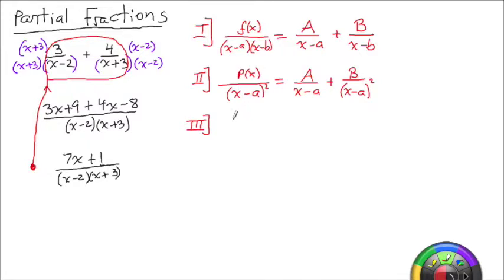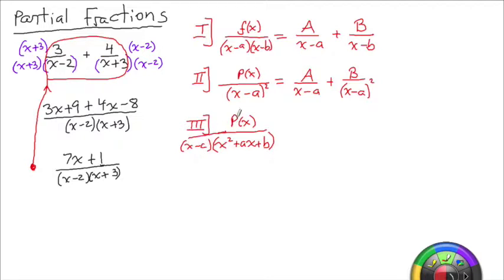So in this next example, if I have a p of x, a polynomial function on the top, could be a constant, and I write a quadratic down here, then that allows p of x to have a degree of 1 also. And if there's another factor, then it could go up to 2, like if this was multiplied by x minus c. Then the degree on the bottom would be 3, and p of x could have a degree of 2.